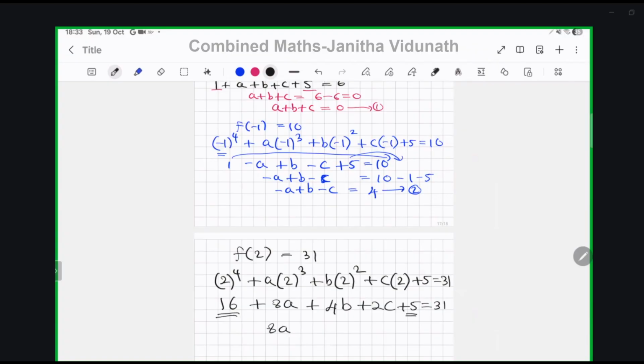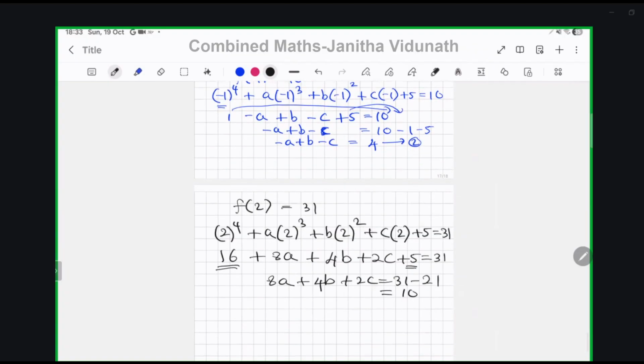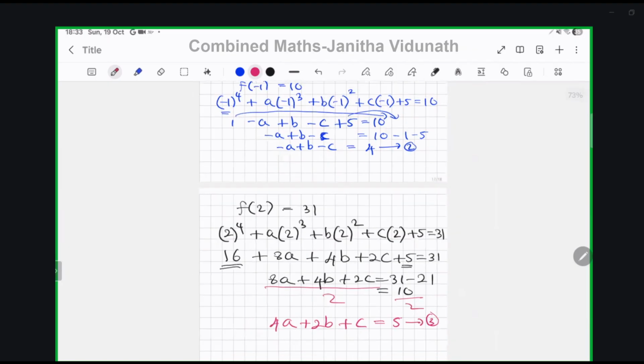That means 8A plus 4B plus 2C is equal to 31 minus 21, that means 10. Then we can divide both sides by 2. That means 4A plus 2B plus C needs to be equal to 5. This is our third equation.